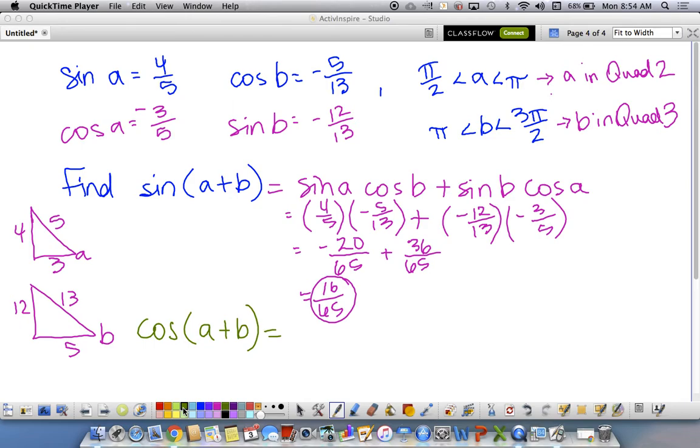Alright, so cosine A plus B, should we start with the same spot we started last time? Which was what? Right, write it down. So cosine A plus B is what?